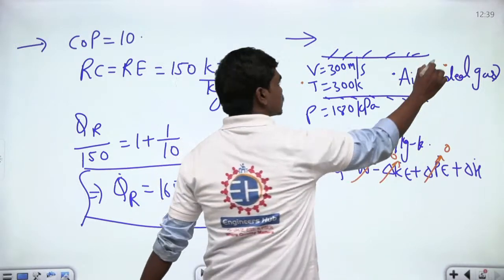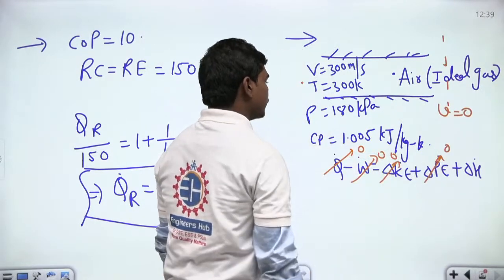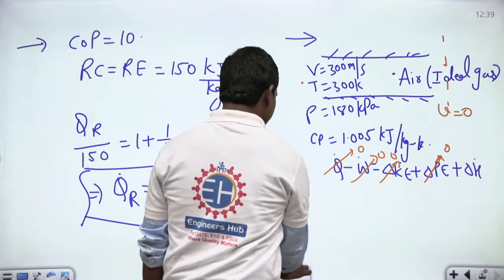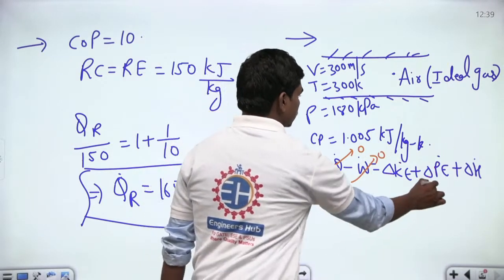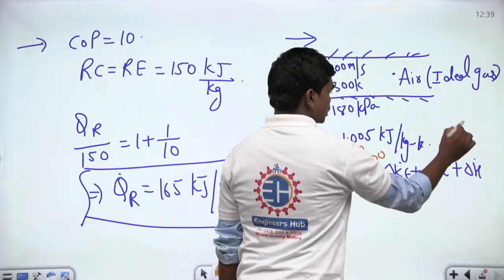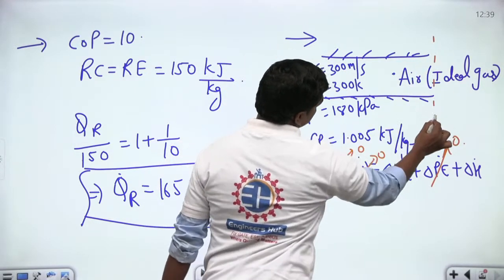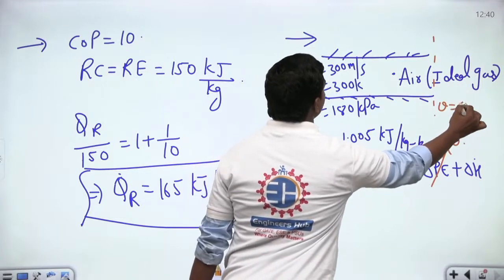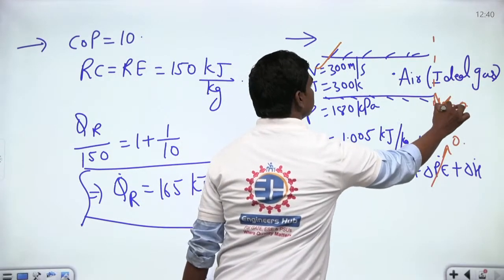But of course, if this is the stagnation point, then the local velocity at this point is 0. So delta KE won't be 0 actually. Let me emphasize, this delta potential energy can be 0, and of course this is the expression that is with us. So at the final point, since this is the stagnation point, the local velocity is 0 and the initial velocity is 300 meters per second. So we can take this V as 0 in this case.